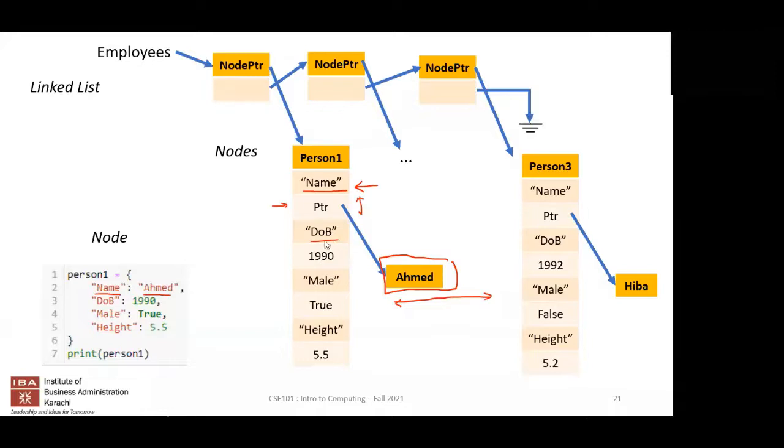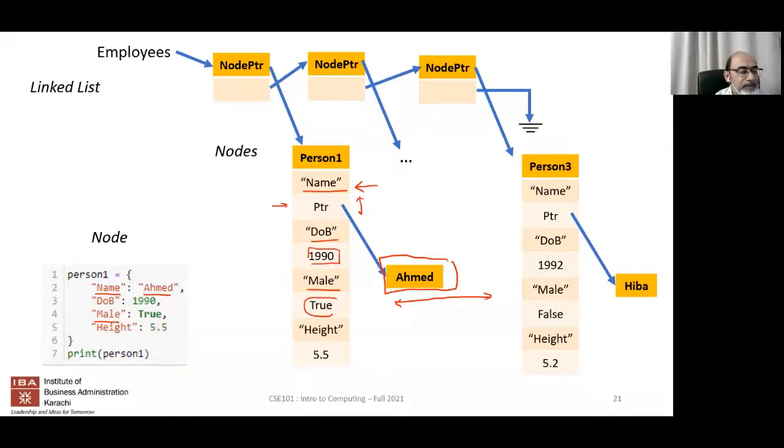The next element could be the date of birth. So this would be a string which has the actual key in it. And since the date of birth is an integer, we don't need to have this as a separate pointer. Subsequent to that, we could have a string specifying the next key. And then after that, since this is Boolean, we could have, for example, 1 byte, which would specify either true or false. And then we could store the next key and value.